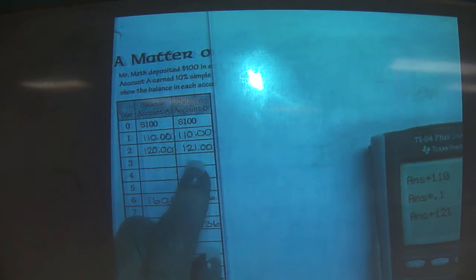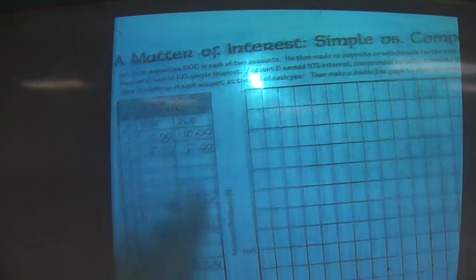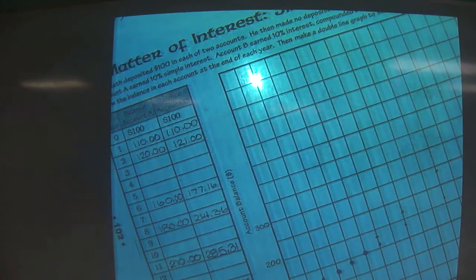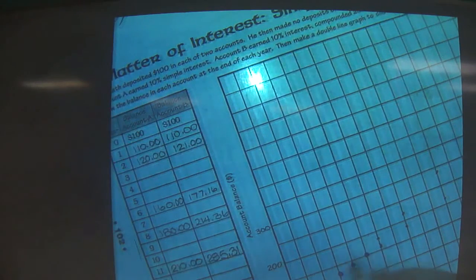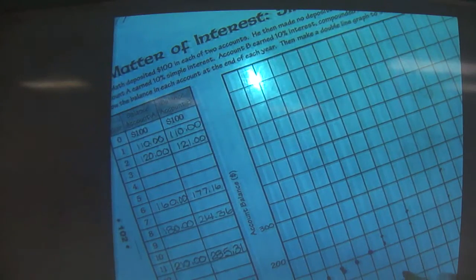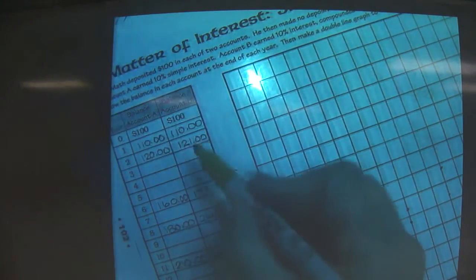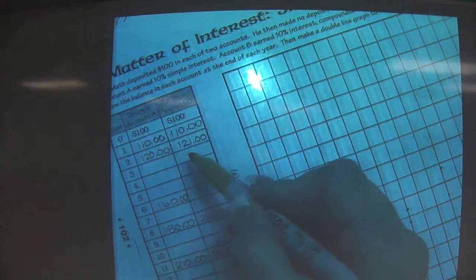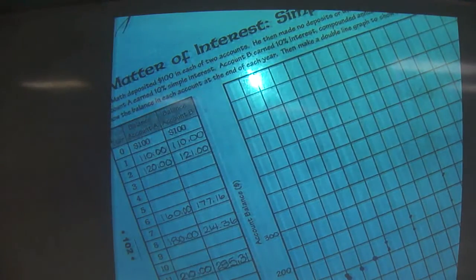So that's $133.10. So here in your graph, you had your 100, your 110, your 121. Now we have 133.10. So you're going to put that 133.10 in that box. Now you're going to start with 133.10 and multiply it by 10%. And then you're going to get your 4, and so on.